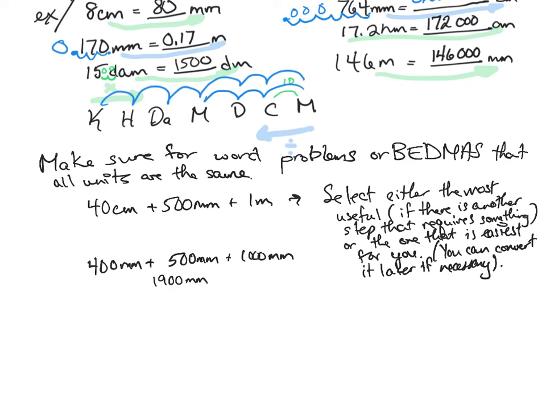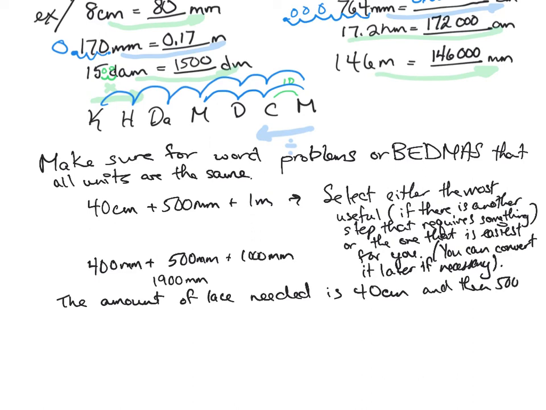Okay. Now if we take the same numbers and then make it into a word problem, the amount of lace needed is 40 centimeters, and then 500 millimeters, and then 1 meter.